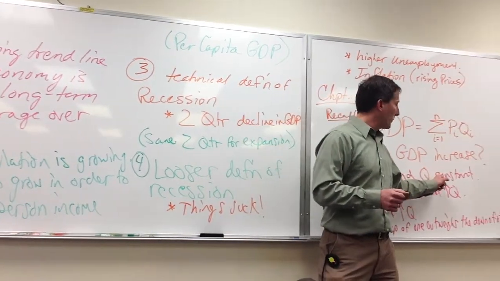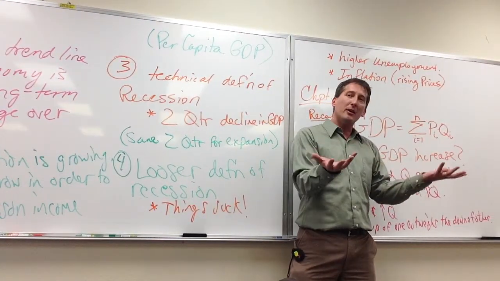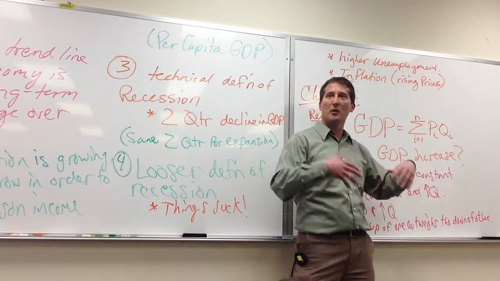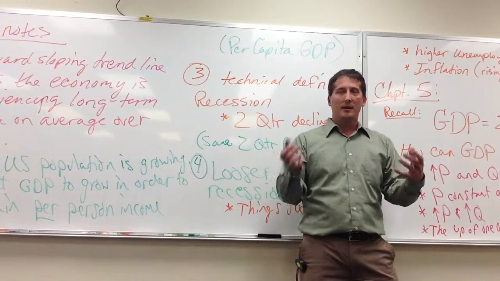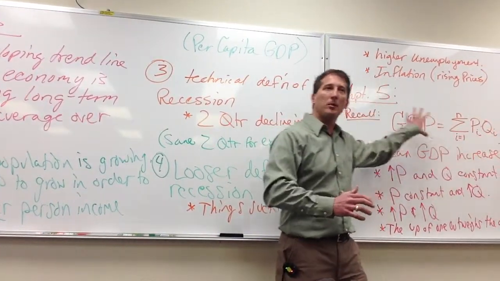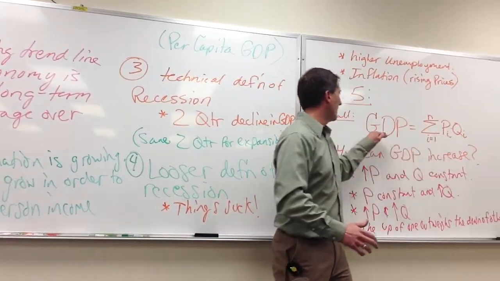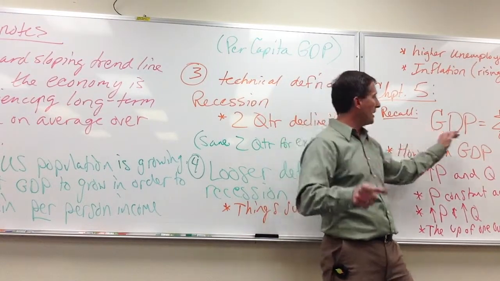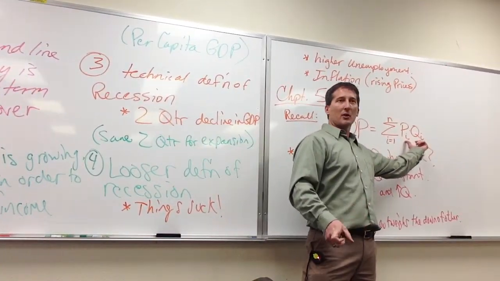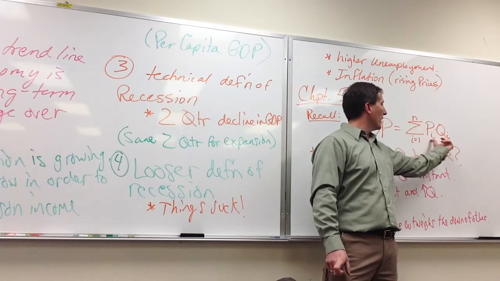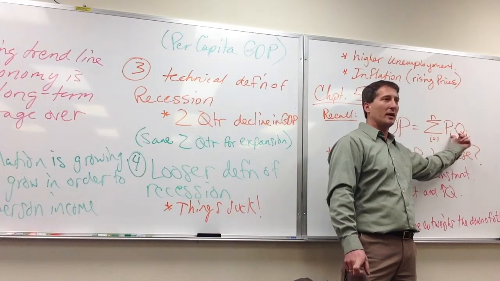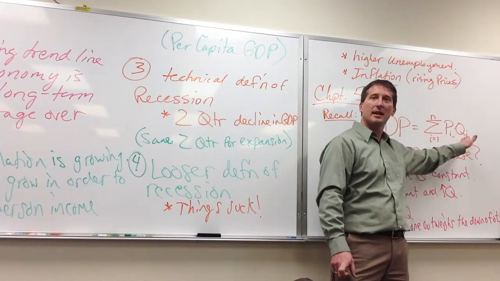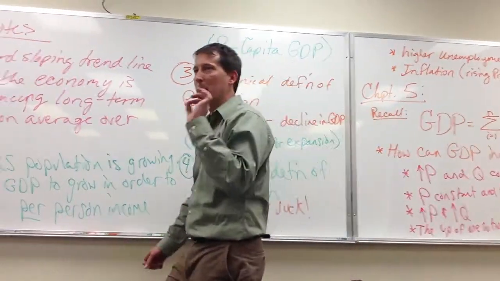So what we really want for prosperity is more Q. We want more stuff. So we've got kind of a problem with our measurement of social welfare, in that there's a combination of price and quantity here, one of which gives us value, the other one doesn't give us any value. So we want to be able to focus in on the Q rather than the P.